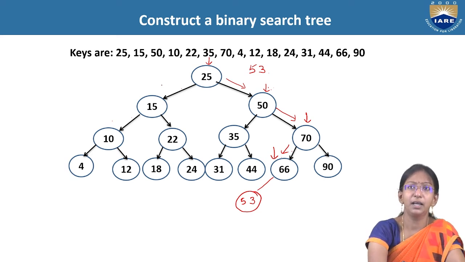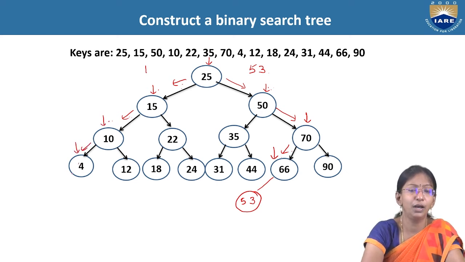Let me take another, simpler example. Compare it with 25: lesser. Compare it with 15: lesser, left-hand side. Compare it with 10: lesser, left-hand side. Compare it with 4: lesser. Do you have any left child for 4? No. So introduce 1 as the left child for 4.